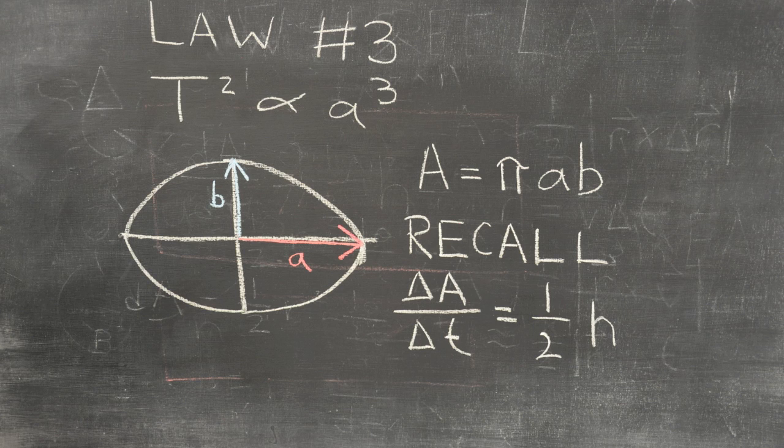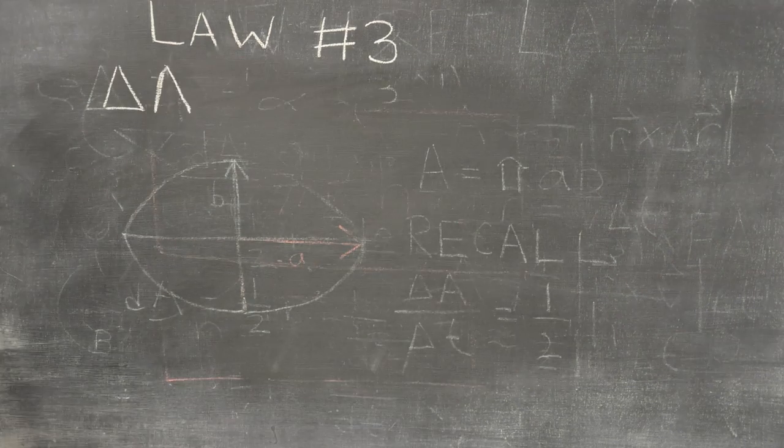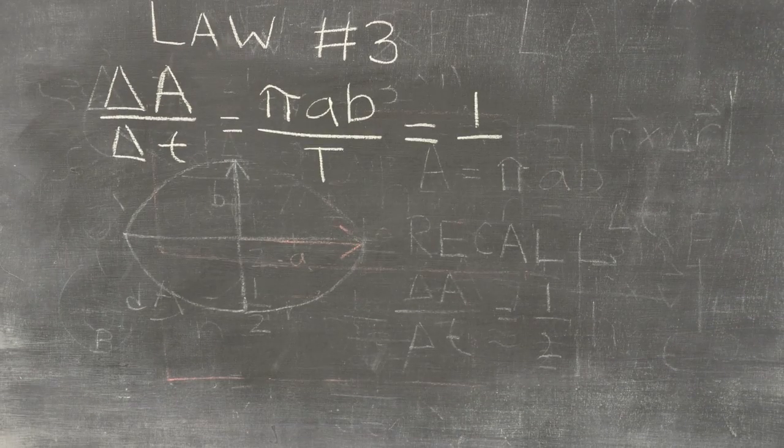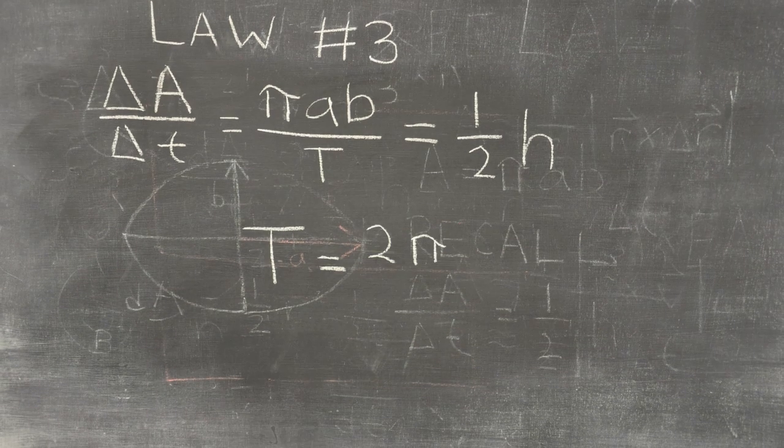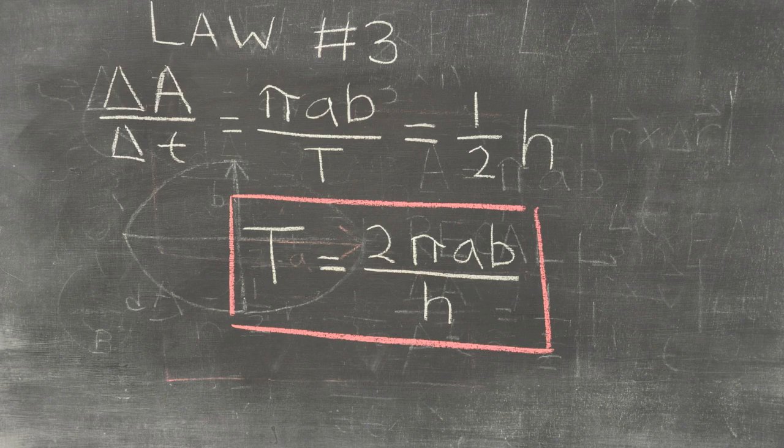If we think about this for a minute, we can sub both the area of an ellipse and the period into this expression, because if we treat the change in area as the entire ellipse, the corresponding time is equivalent to the period, yielding the expression pi ab over the period being equal to 1/2 h. After some simple rearranging, we can then say that the period is equal to 2 pi ab over h.